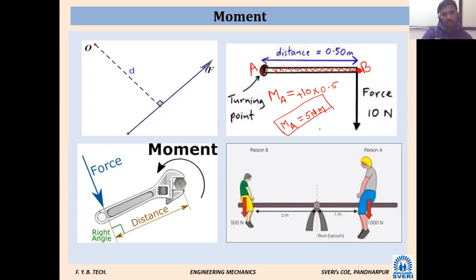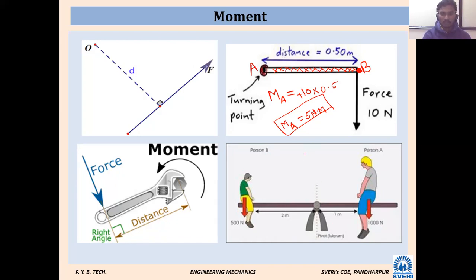Okay, so just a few examples are given. Person A, person B. Here 5000 Newton, and here what will happen? Just check here. In this activity, two persons are sitting.